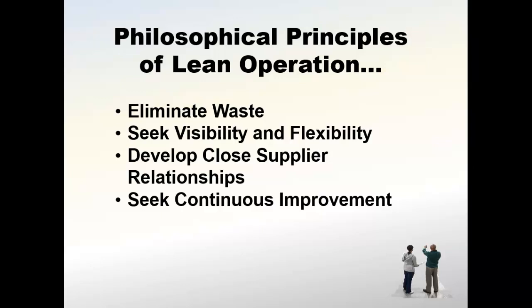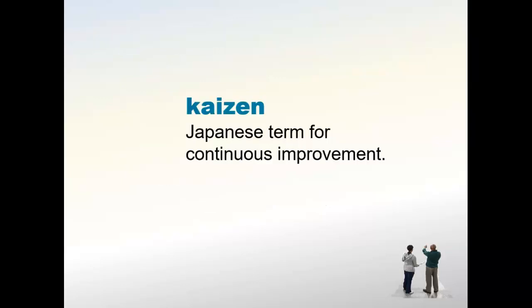Now, the latter is critical because a lean philosophy sees the transformation to lean operations as never being finished. One compelling philosophical principle of lean is its emphasis on continuous improvement, or Kaizen. And Kaizen is a Japanese term for continuous improvement.